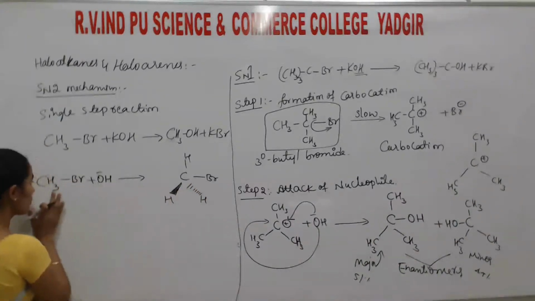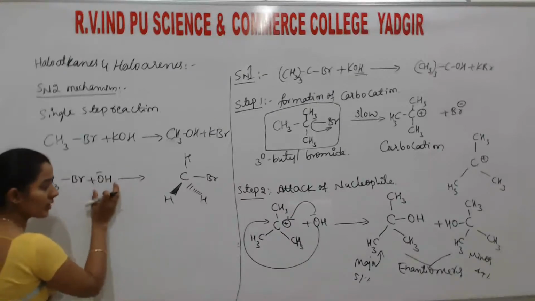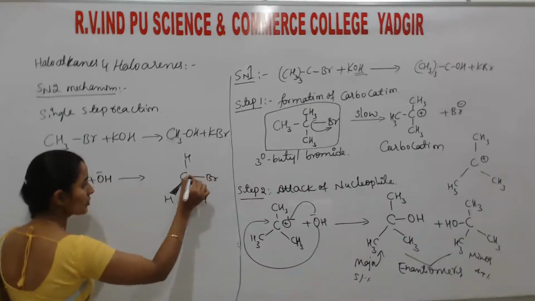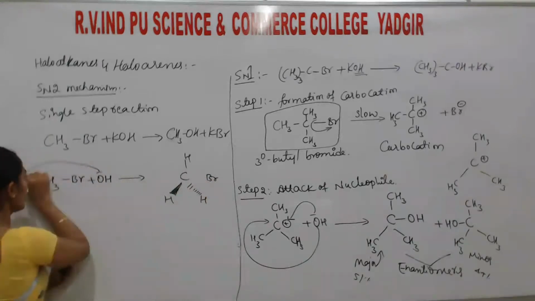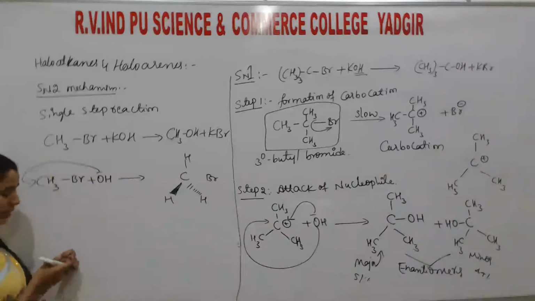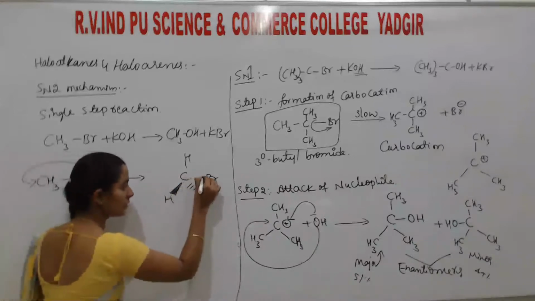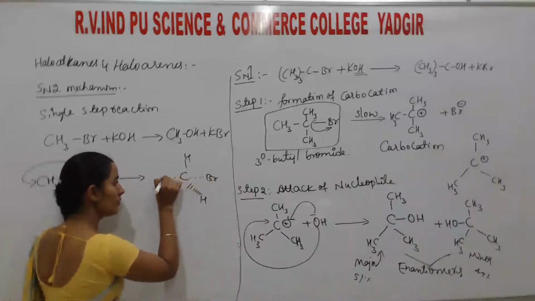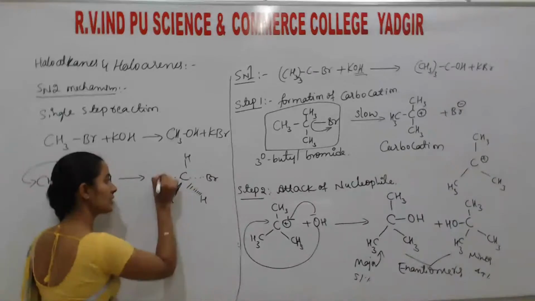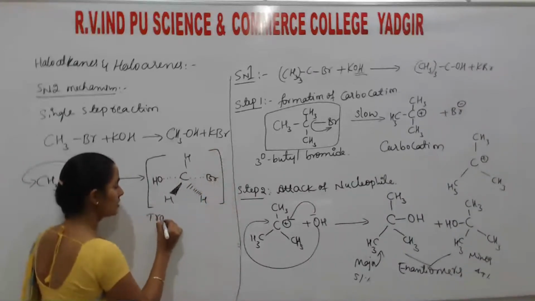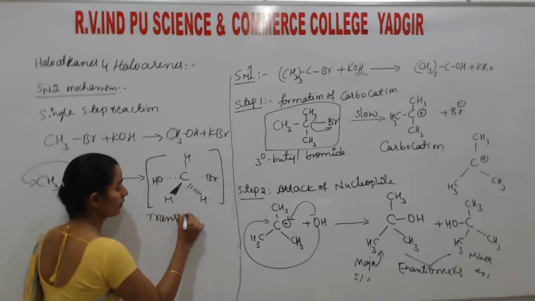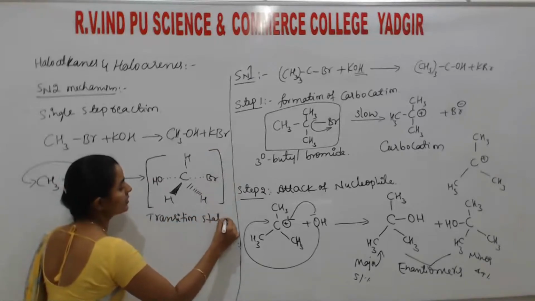So here, when CH3Br is there and OH minus is there, at the same time one breakage will take place. This is attacking towards this side. One breaking will take place, and at the same time one making will. So this state is called the transition state. What is this transition state?